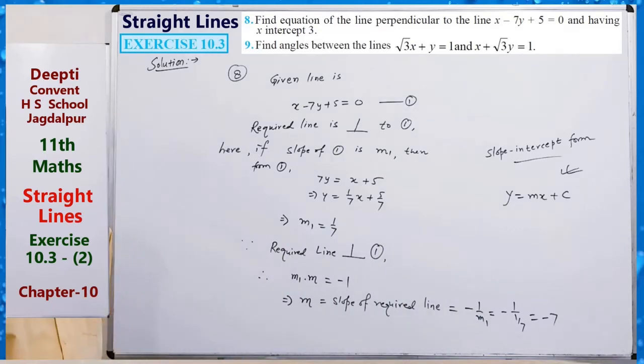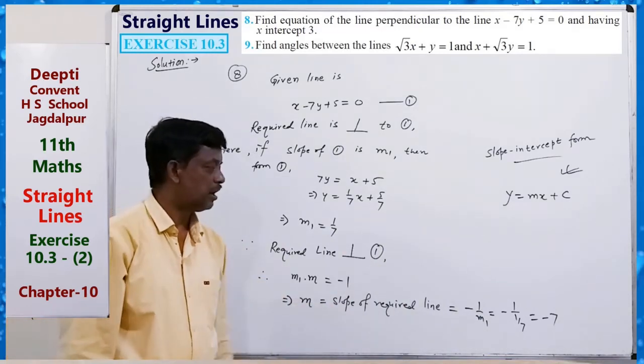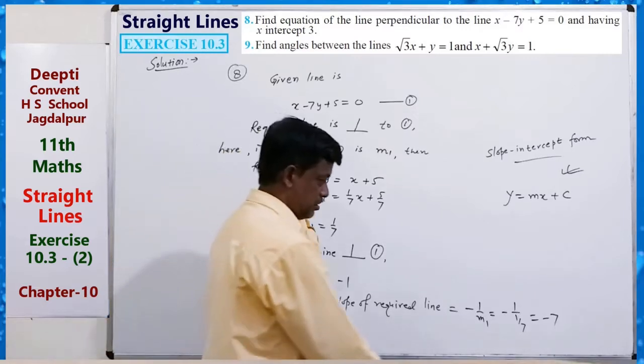Clear? So the slope of the required line is -7.